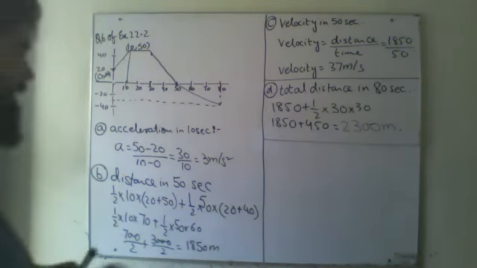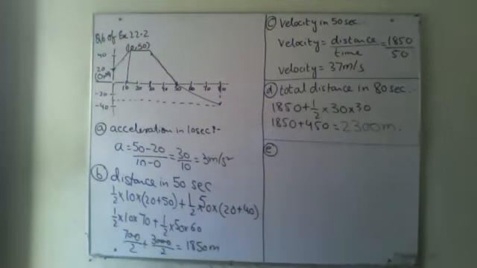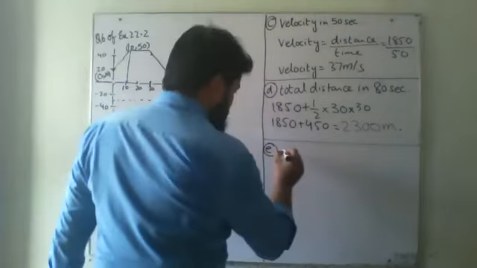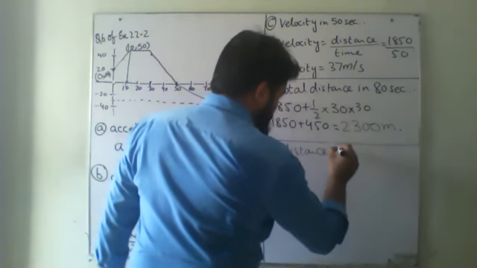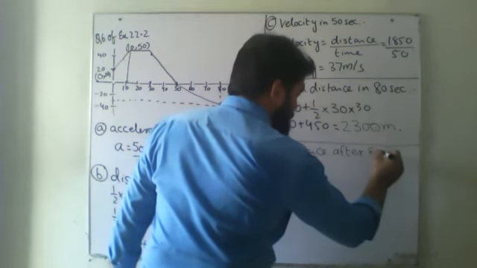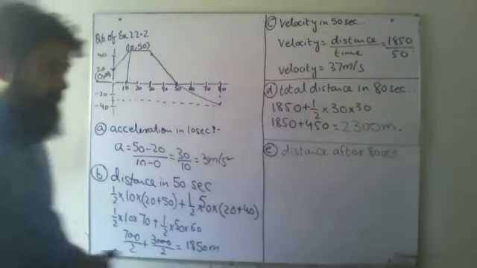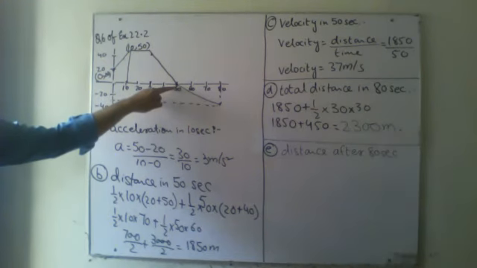Right? The next part of the question is saying the distance from the starting point after 80 seconds. So see, the body is reaching this point, the velocity is becoming 0.